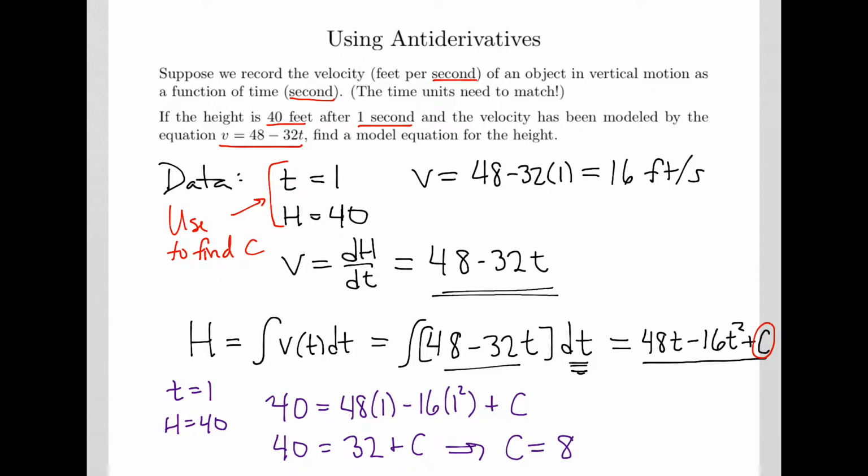Okay? And so we're going to substitute that constant into our formula, and that gives us our final value. Let's find a space we can put that. Maybe something orangey here.